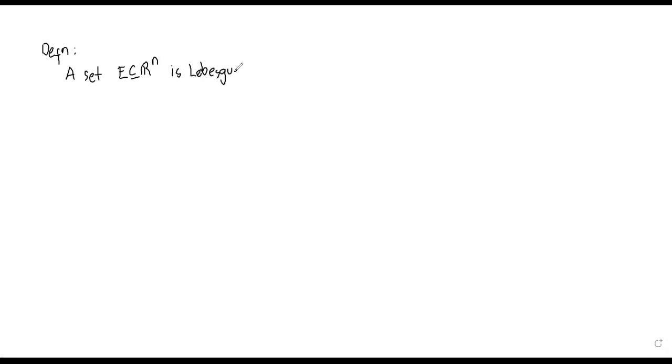Lebesgue measurable. Take note of this word.